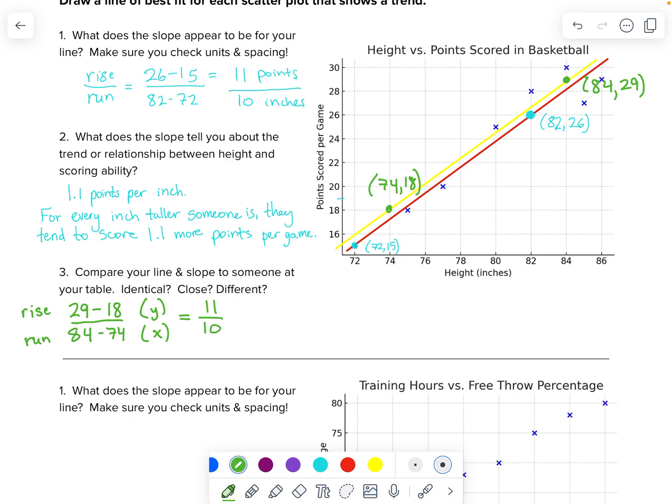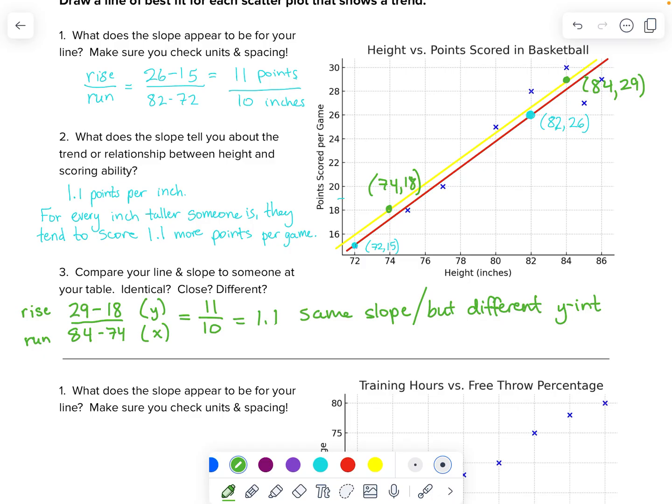I used different points, but I got the same slope, 1.1. So same slope, which means they're parallel, but the y-intercept would be different. We're going to talk about the y-intercept in a few days. It's not going to matter for today's lesson.